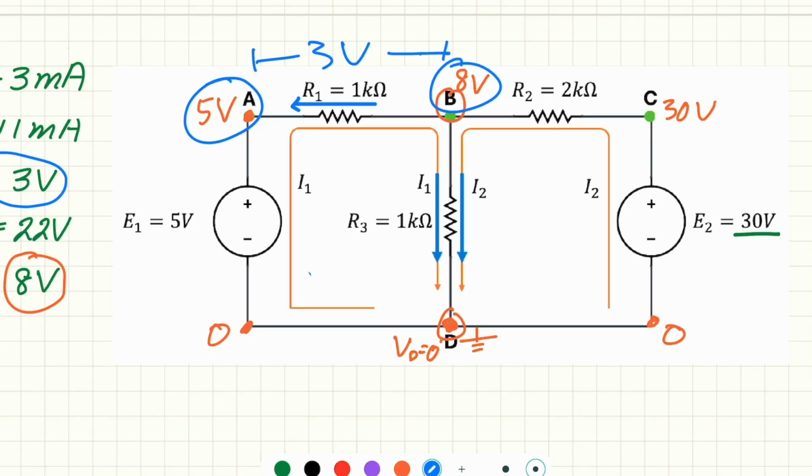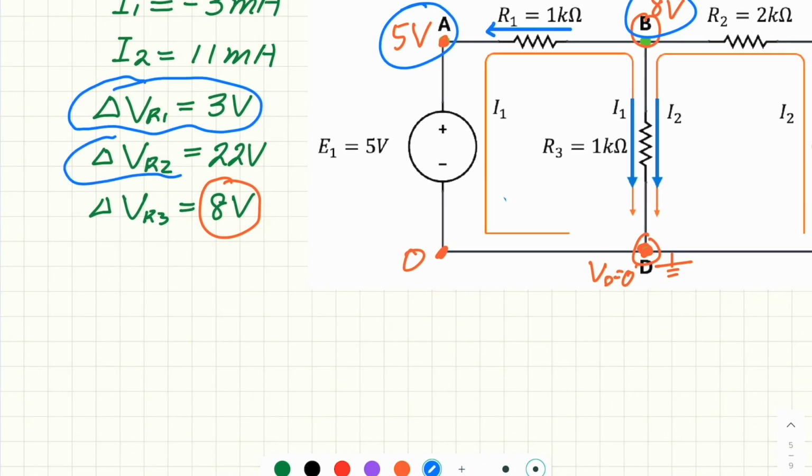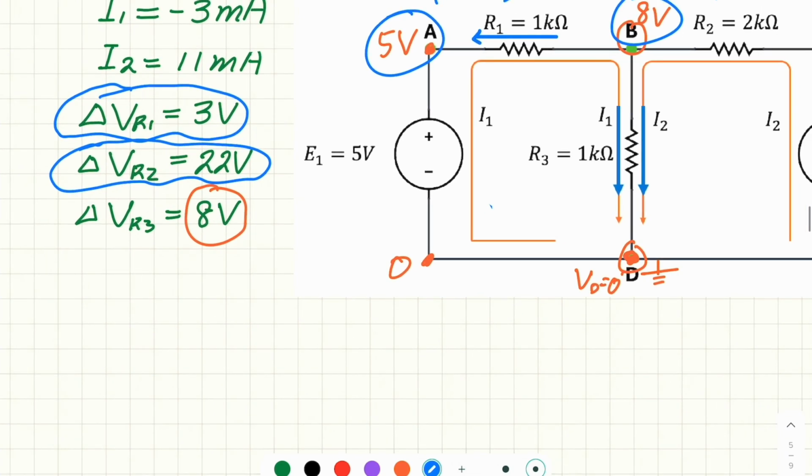The potential difference between C and B: C is higher than B. So this is 30 minus 8 equal to 22 volt. So the potential difference between C and B is 22 volt, and this is exactly what we calculated before. So everything is consistent.